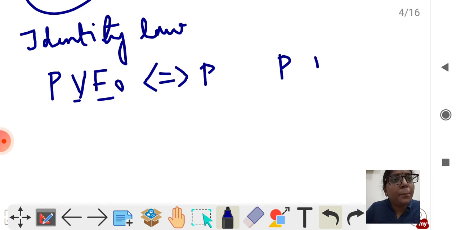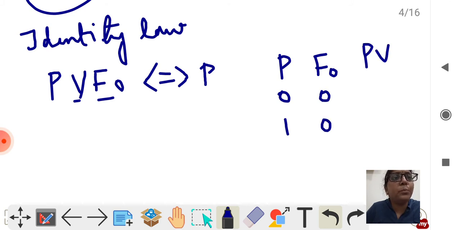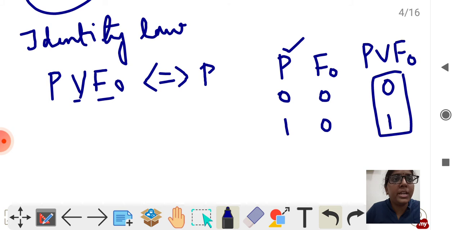See here, P and F naught. What is P? It is 0, 1. What is F naught? It is contradiction, 0, 0. So what is P OR F naught? 0 or 0 is 0. 1 or 0 is 1. So what you will get is same as P, right?